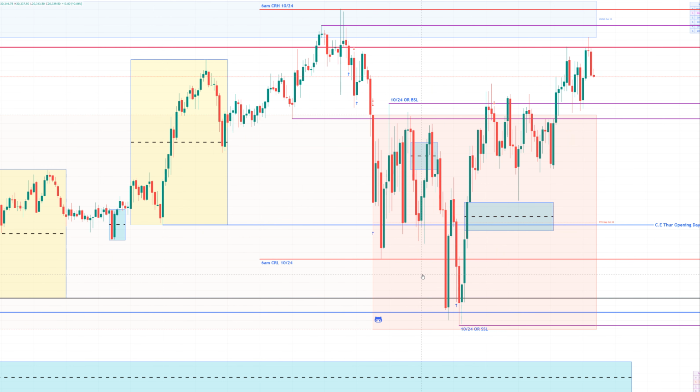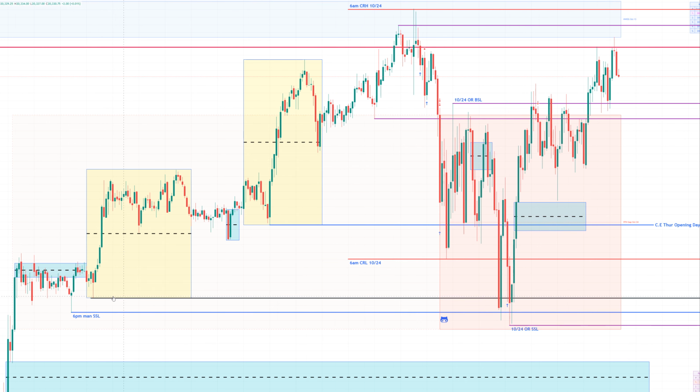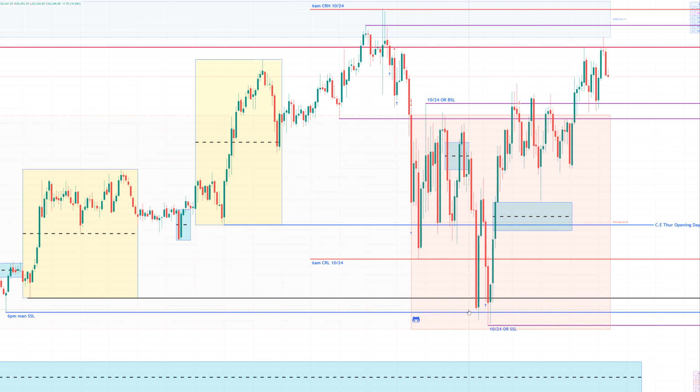Now, this long bearish candle closes all the way down and clears our Asia sell side liquidity. But notice it stops just short of our 6 p.m. manipulation sell side liquidity.